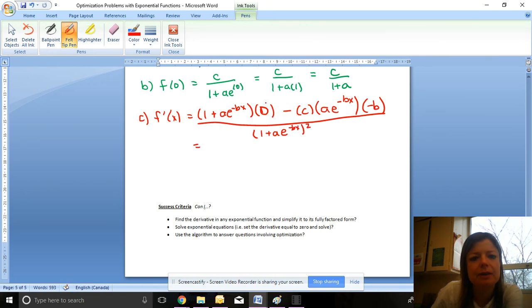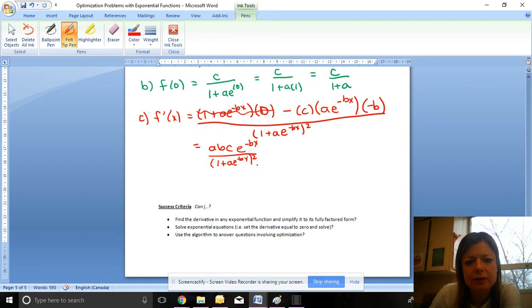So what's happening here? This all goes away. A negative times a negative, so on the top here we get a, b, c times e to the negative bx, all over this junk squared. As you can see here, the denominator is always positive, because it's squared.